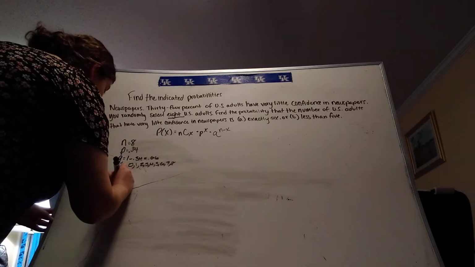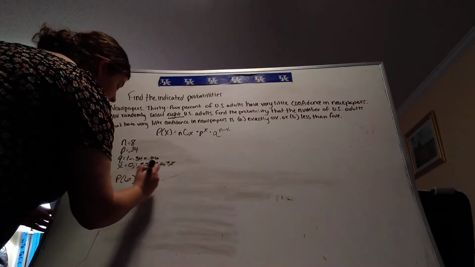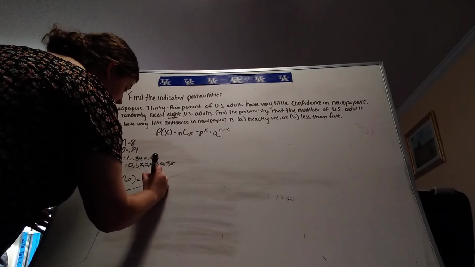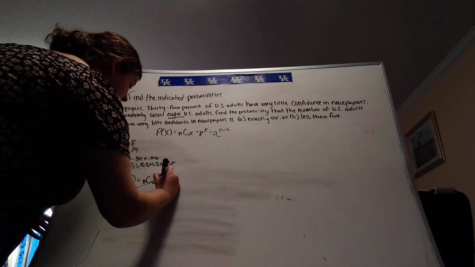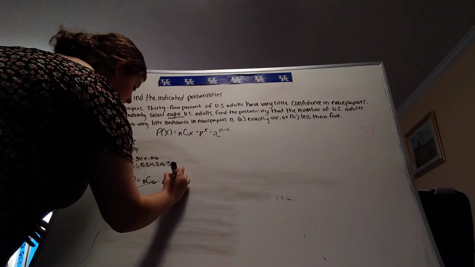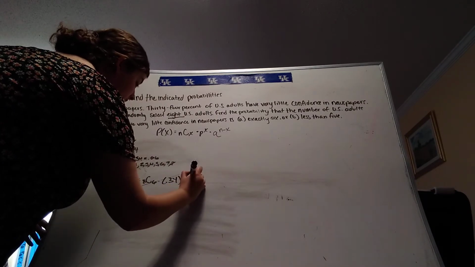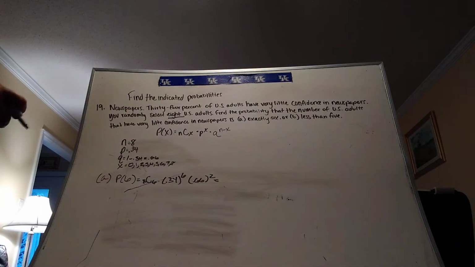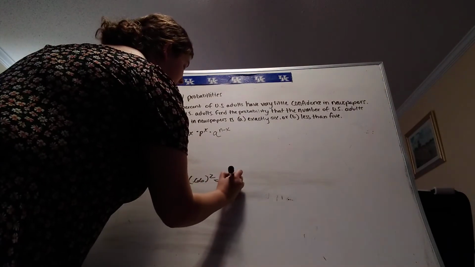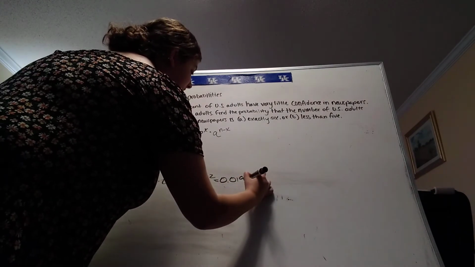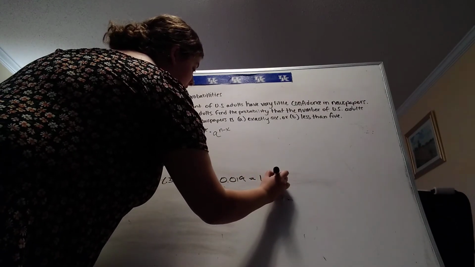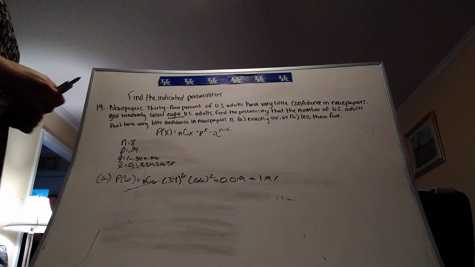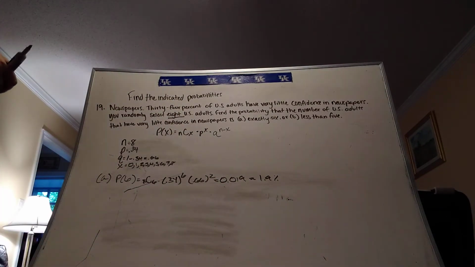So this would look like probability of 6 times 0.34, and when you plug that into your calculator, you get 0.019, which is approximately 1.9%. So you have a 1.9% probability that it will be exactly 6 people who have very little confidence in newspapers.